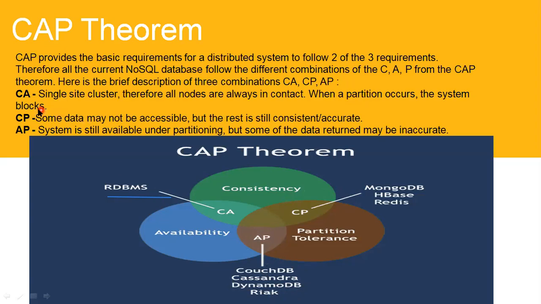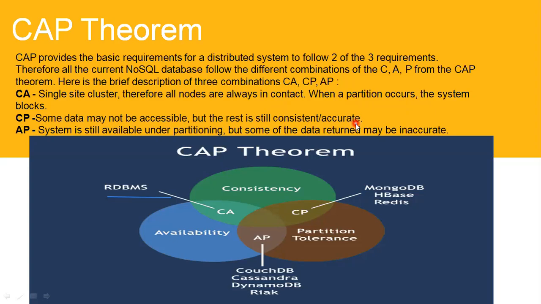So if we talk about CA, then CA is single site cluster. Therefore, all nodes are always in contact. It means this is a single node cluster. All nodes are always interconnected. When a partition occurs, the system will block. And CP is some data may not be accessible, but the rest is still consistent and accurate.